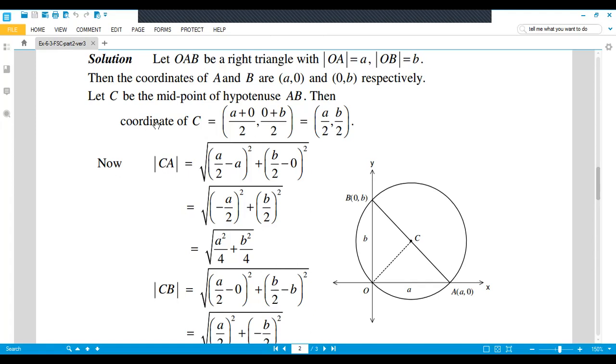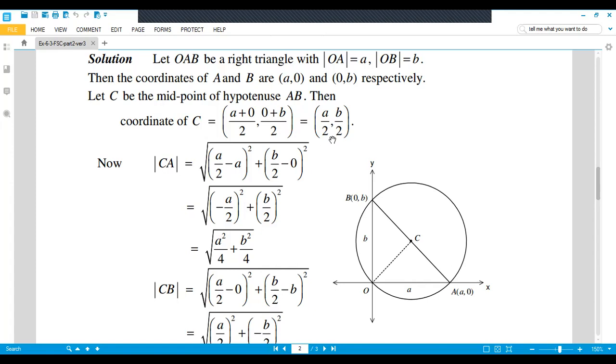To find the coordinates of C, what will we do? We use the midpoint formula, x1 plus x2 divided by 2. So x1 is a, x2 is 0, divided by 2, and y1 plus y2, y1 is 0 and y2 is b, so 0 plus b divided by 2. So what we get is a over 2 and b over 2.